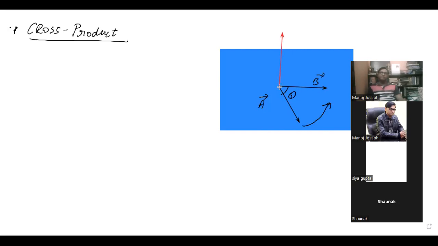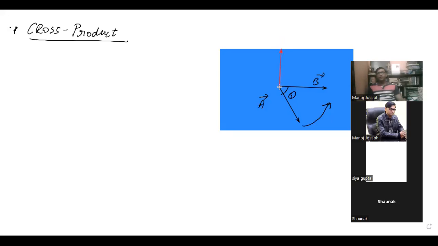Its direction is denoted by its unit vector, n cap.